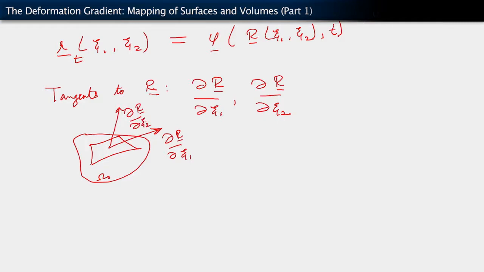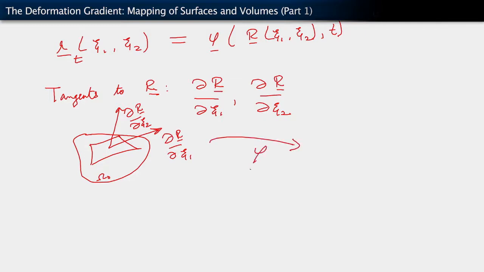Now, if C1 and C2 are perpendicular to each other, do these tangents also need to be perpendicular to each other? Think about it. In general, the answer is no. That really depends upon the nature of the mapping R. And since in general it is no, I'm not going to write anything about it. Right? Okay.